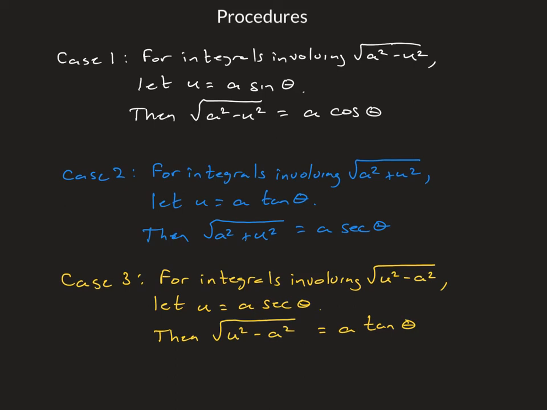But remember, this is an integral, and it's a complete change of variable. That also means we're going to have to find out what dx is equal to, because we're going to change this up so it's completely an integral involving theta. Let's take a look at an example.